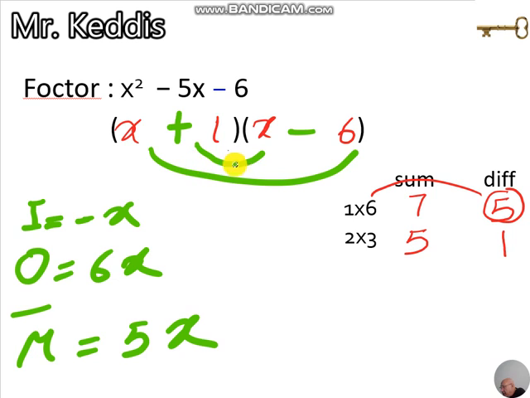It means the inner term became positive x, and the outer term became negative 6x. If I combine them, I take the sign of the higher number and I subtract 6 minus 1, which is 5. The middle term is negative 5x here, and I corrected my answer.